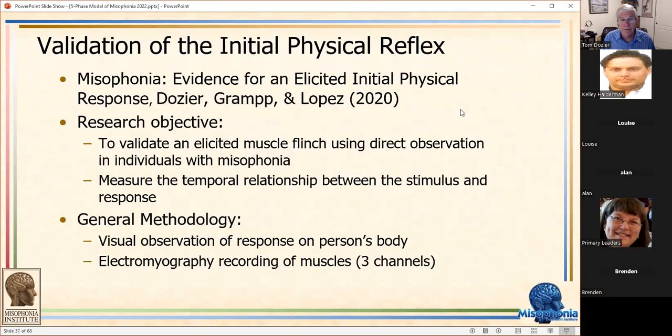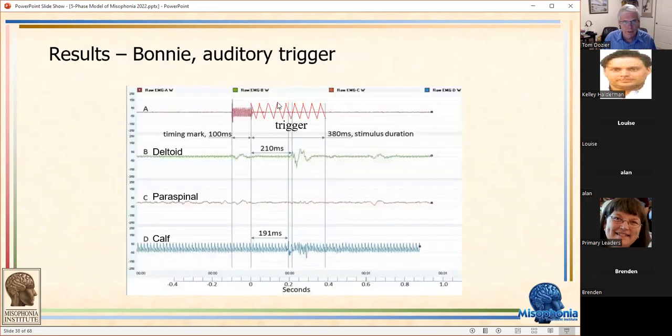Now, we saw this first study, and we had self-report, which is notoriously problematic. And so we said, let's do another pilot study where we can watch the people and measure it with electromyography. And so here is a trace where we had the timing pulse, nothing happening here, triggers being played, and then about 200 milliseconds after the trigger starts, we see a flinch in her deltoid muscle and flinches in her calf muscles.